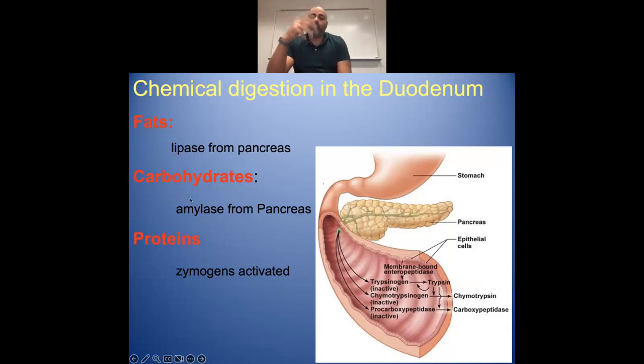Carbs, we did start to break down in the mouth, but that amylase gets destroyed. And so once we hit duodenum, here's the primary amylase coming from the pancreas, and we use it. And then the proteins, the zymogens, those are activated because otherwise they would destroy the tissue itself. We activate them, and now they can break down all the proteins into the amino acids.